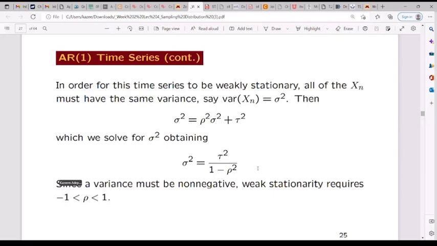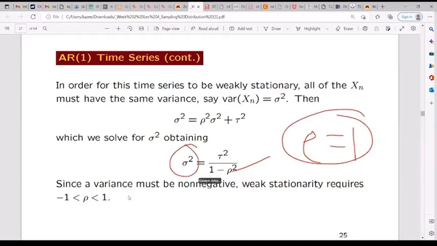The autocovariance at lag 0. And we are now saying that the variance has to be non-negative. That is the weak stationarity requirement, and because of that, rho has to be between -1 and 1. Imagine if rho equals 1. What happens?